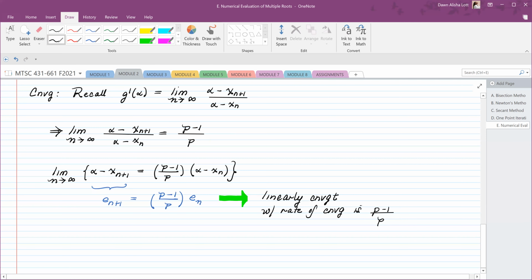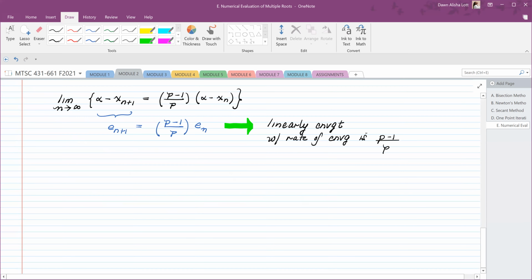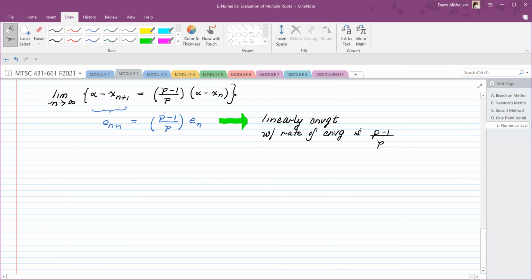Okay. All righty. So for this, we can improve Newton's method when p is greater than 1.